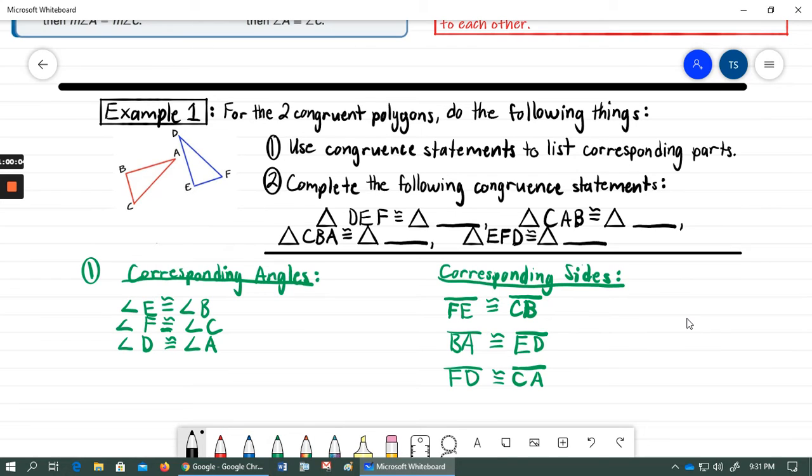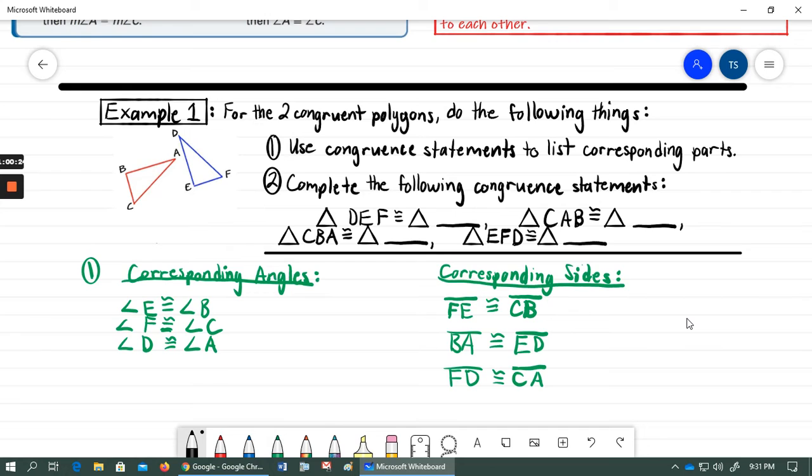If you switch the order of the vertices in one triangle, then you have to switch the order when you complete the congruent statement. So that's what I'm showing you here, and I'm emphasizing it, reiterating it.